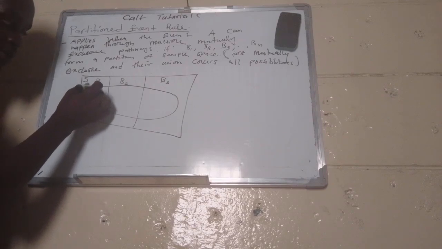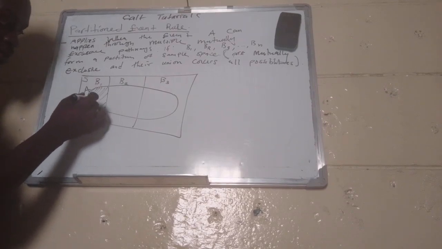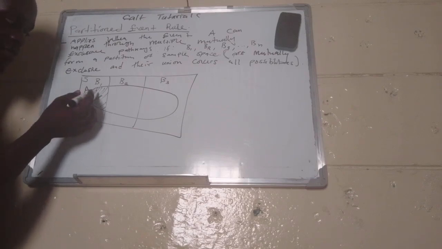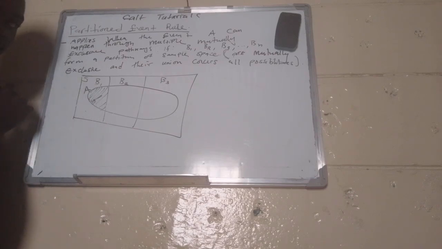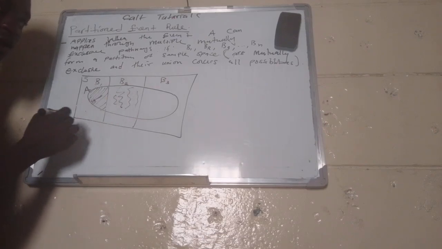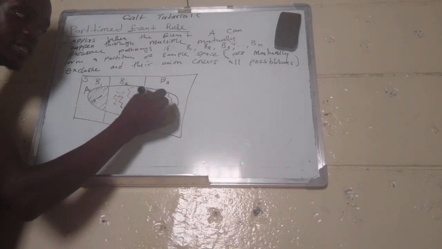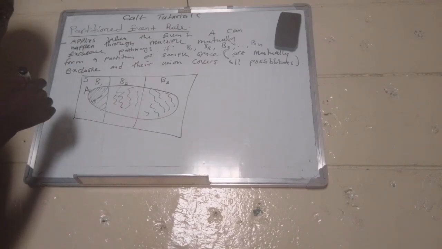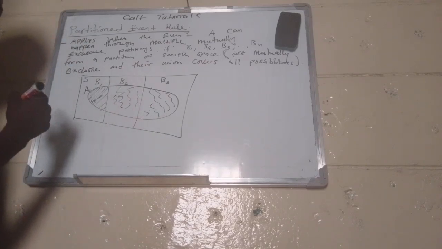Maybe, for example, if I talk about this part, the probability of getting event A given that it happened from B1. Or there's a possibility that it can happen from this part, or this part. This is where the partitioned event is coming about.